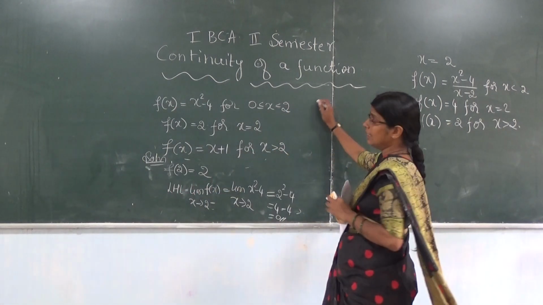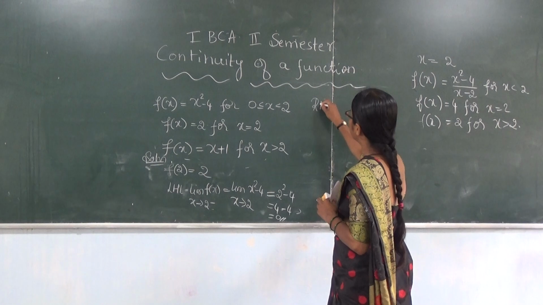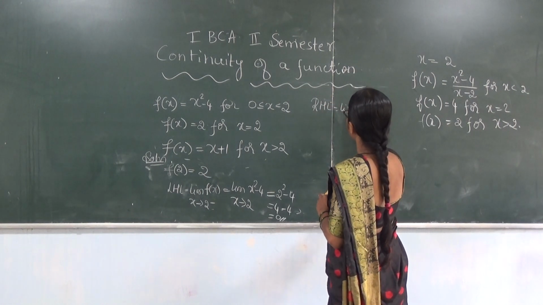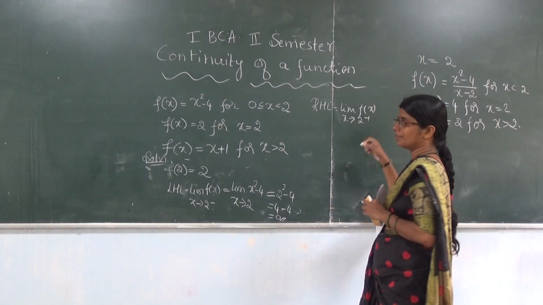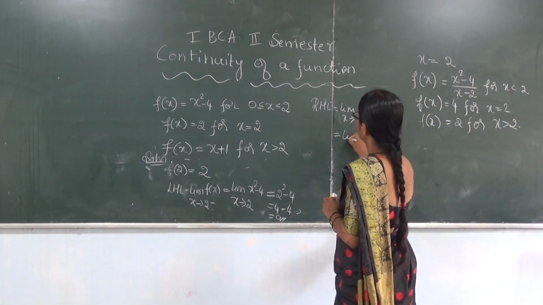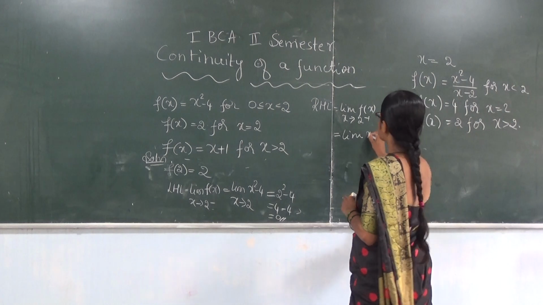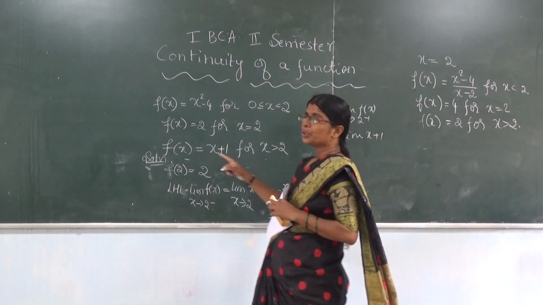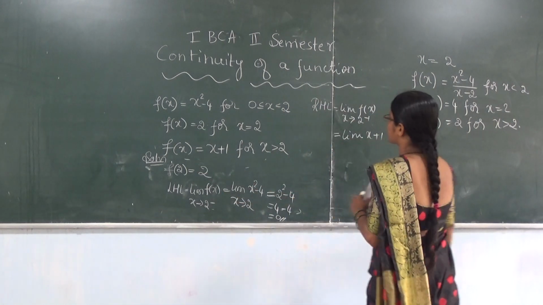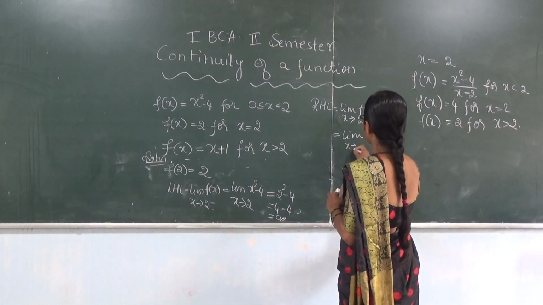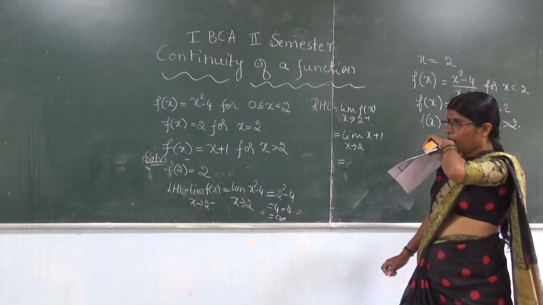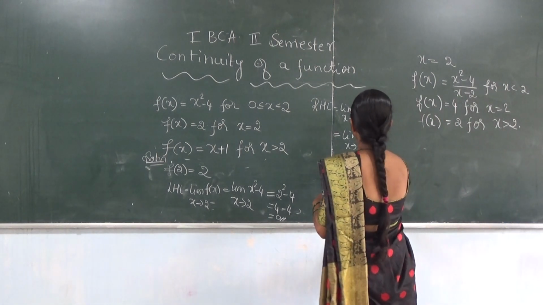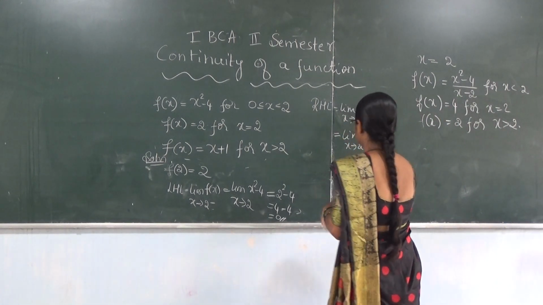Now the right hand limit, that is limit of f of x as x tends to 2 plus, that is equal to limit of x plus 1, because when x is greater than 2, f of x is x plus 1. So that is limit of x plus 1 as x tends to 2. Therefore, 2 plus 1, 3.